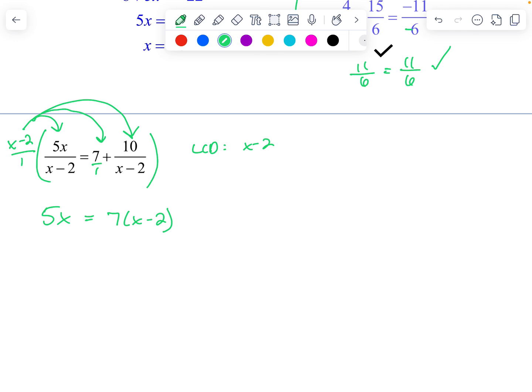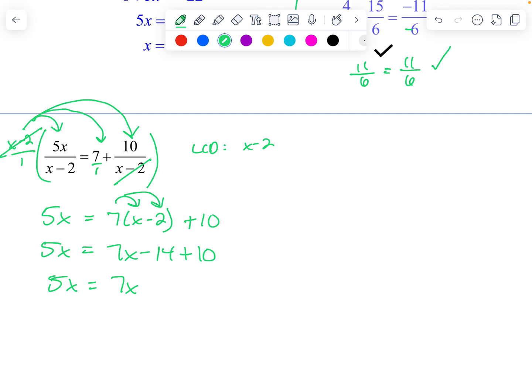If I multiply that by that x minus 2, my x minus 2's are going to cancel, and it's going to leave me just with that plus 10. Okay, simplify that a little bit. We're going to get 5x is equal to 7x minus 14 plus 10.